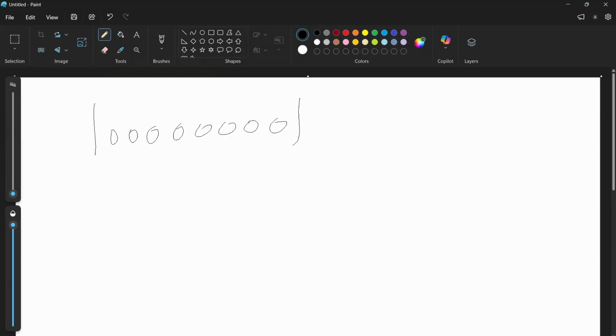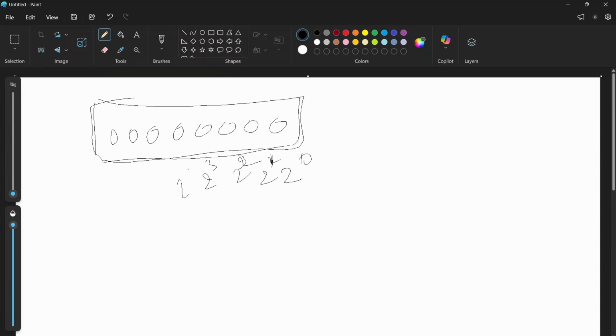Let's take one octet instead of taking multiple octets, so that it will be easy for you to follow the same thing for the other 3 octets. So 2 power 0, 2 power 1, 2 power 2, 2 power 3, 2 power 4, 2 power 5, 2 power 6, 2 power 7.